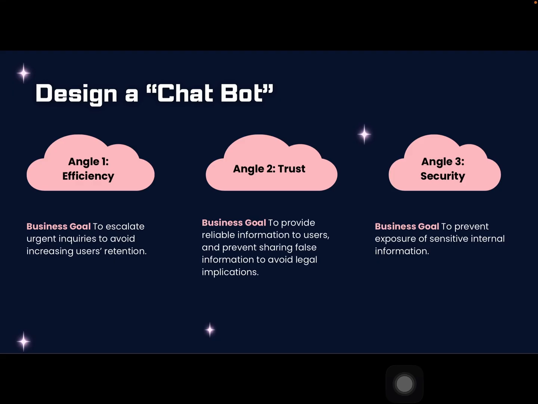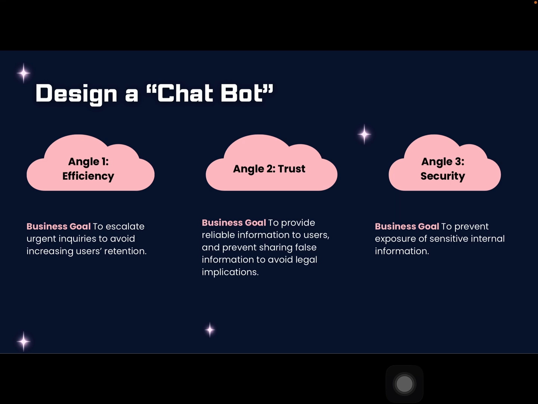Another perspective, the final one, is security. The business goal here is to prevent exposure of sensitive internal information. Finally, the bot must never expose internal policies in handling different inquiries, expose the system mechanism or process, or share any internal files with the user.